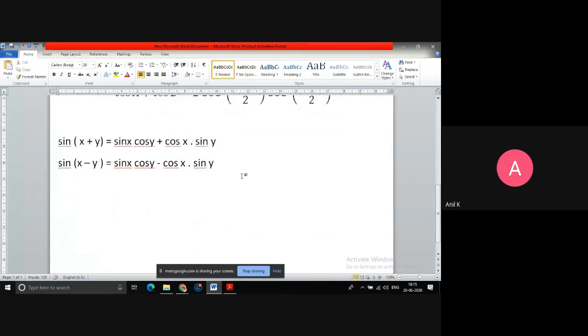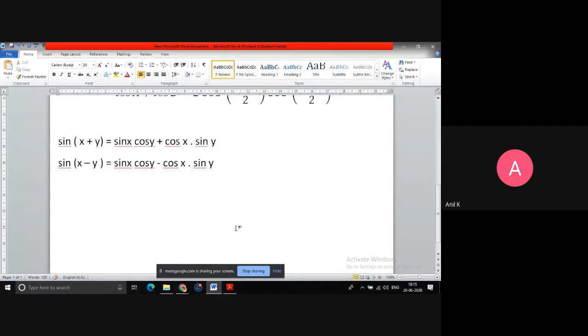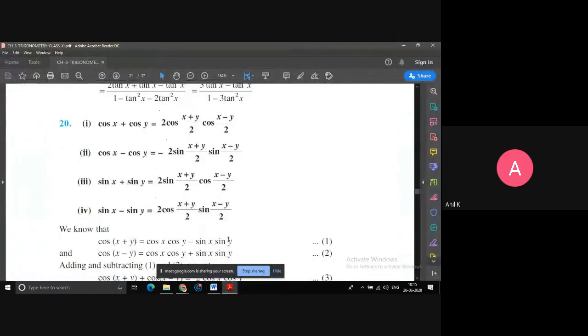So for multipurpose, I'm explaining these identities. But in the exam, no question will come to prove the identities. There is no direct question that says prove this identity, prove that identity. That's for sure. So if you understand the proofs, it is easy for you to remember the identities. That is also one positive point.